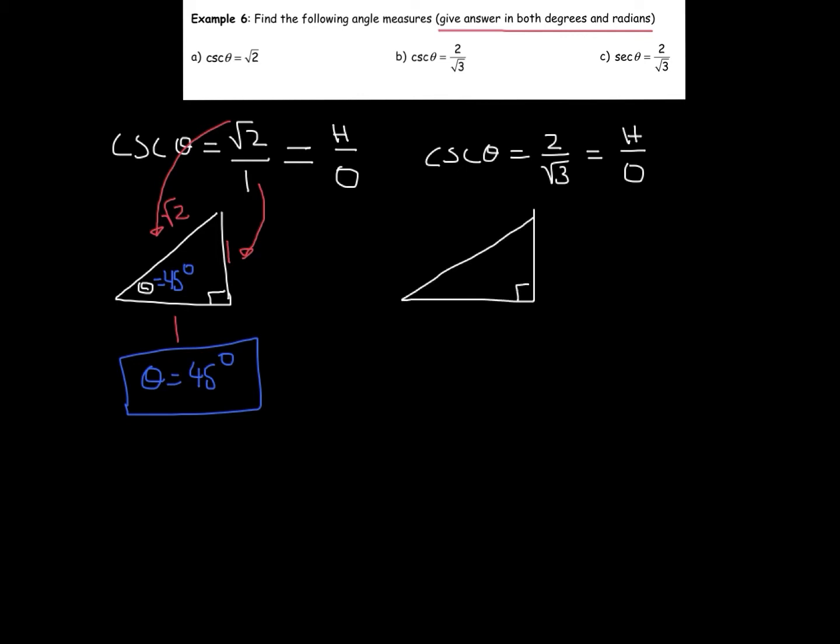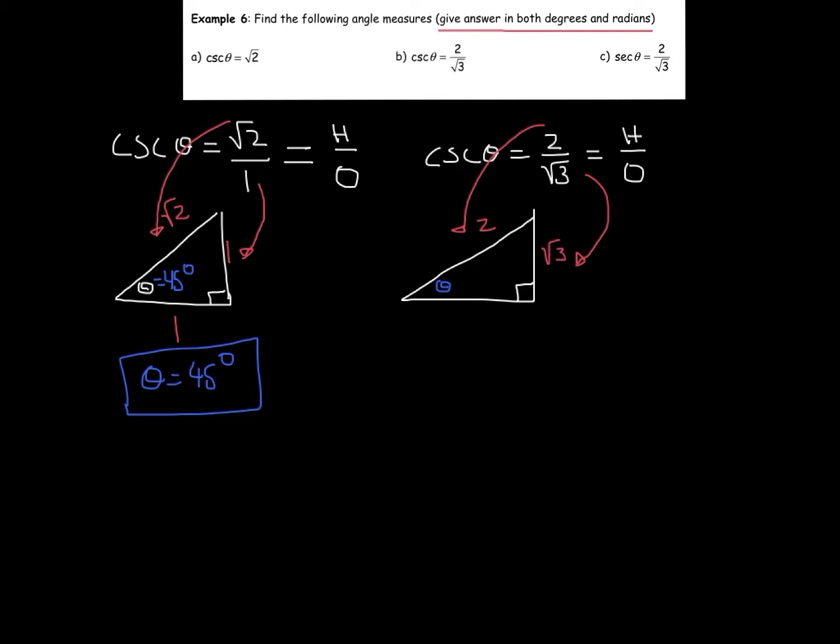Hopefully each time we do these, you're getting more and more comfortable. We're going to put theta down here. That's where I like to put it. You could put it up at the top, but I like to put it at the bottom. Once again, hypotenuse over opposite. So the hypotenuse is 2, that's going to go right there, and the opposite, root 3, is going to go right there.